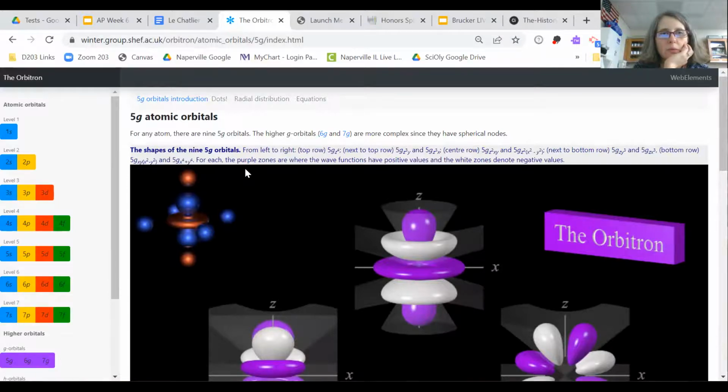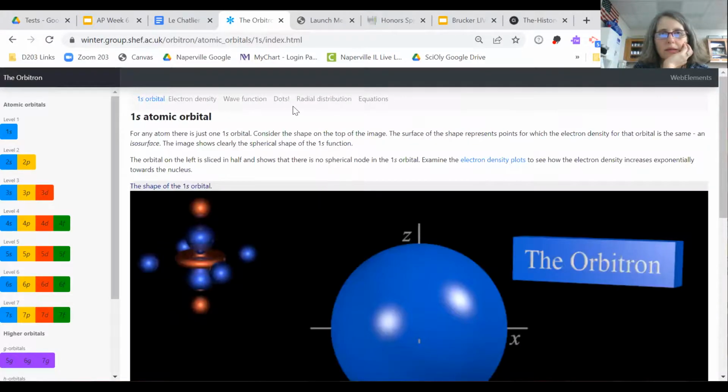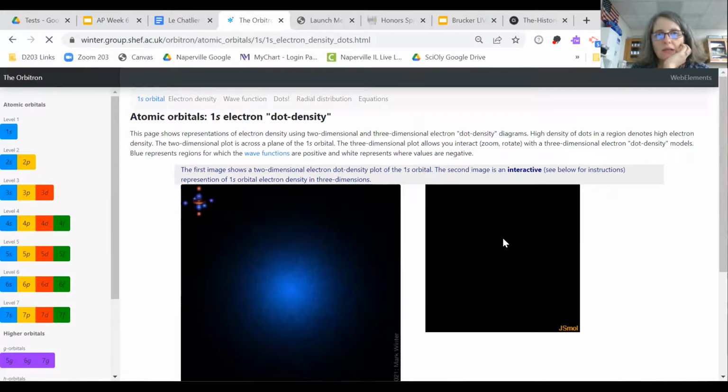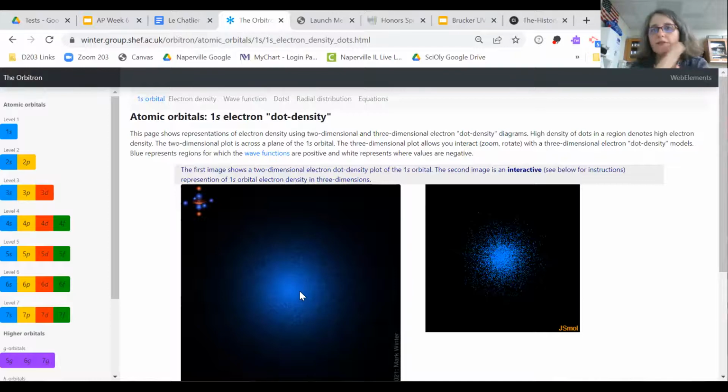Now, in this website, if I go back a little bit, they also do what they call the dot density for each one of these. Let me see if it pulls it up. So the dots here are signifying that is more often than not where the electron is located. So it's a way for them to essentially sense or predict where that electron is going to be. So you will see darker dots in the middle and then fewer dots as you go outside of it.